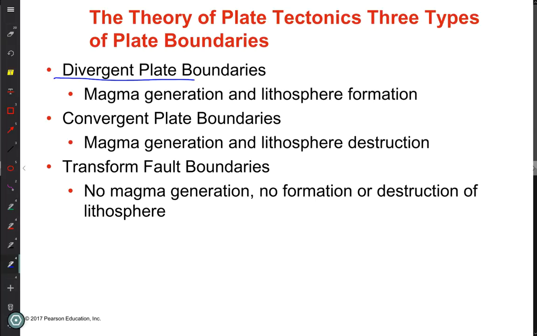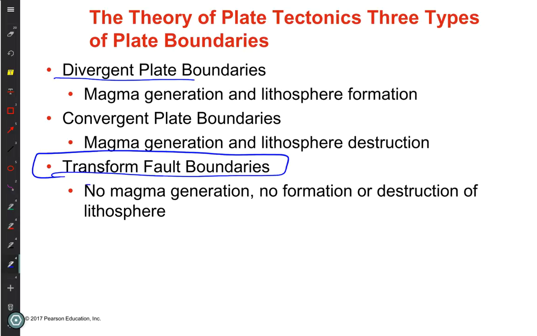Convergent boundaries, those are usually going to be where you have 2 plates coming together, a continental and an oceanic. Transform is actually the name for the type of fault that causes strike slip. So California and the Pacific plate, that's a transform fault because of the direction of the slide.